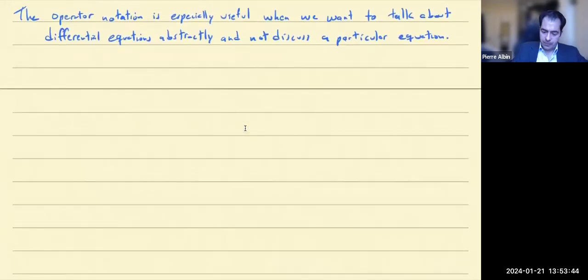Let's do an example. In fact, we'll now do several examples of what we talked about last time using this new notation.